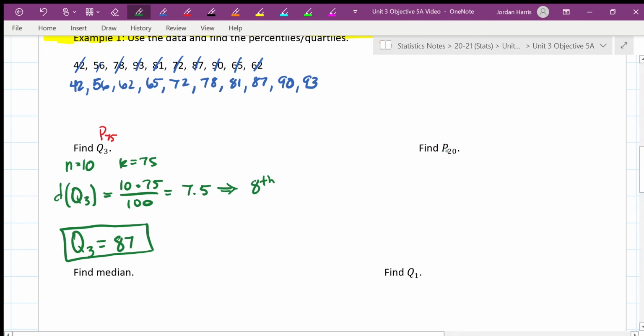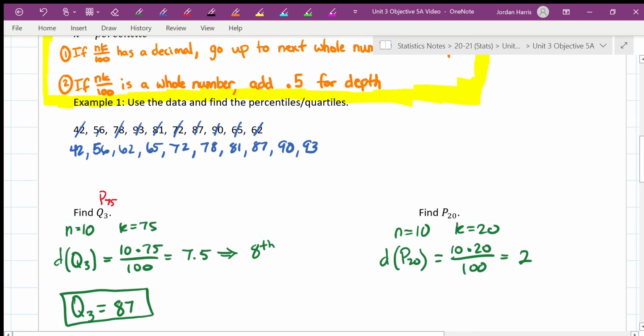Next, we have percentile 20. We're using the same data set, so I still have n equals 10, because there's still 10 numbers. This time, my k is 20. So the depth of the 20th percentile is 10 times 20 divided by 100, which is 2. But we always have to use one of our rules.